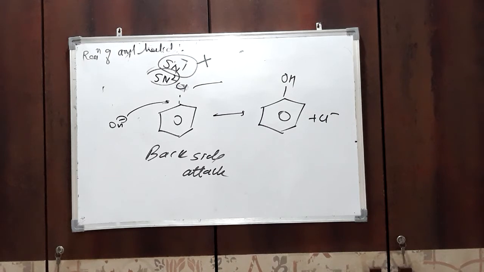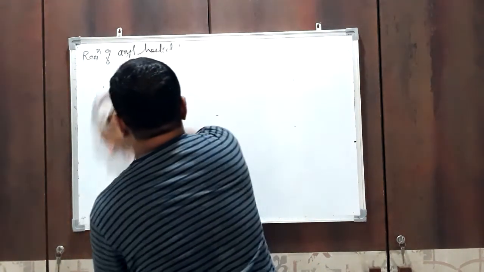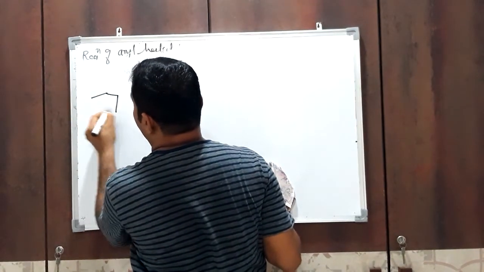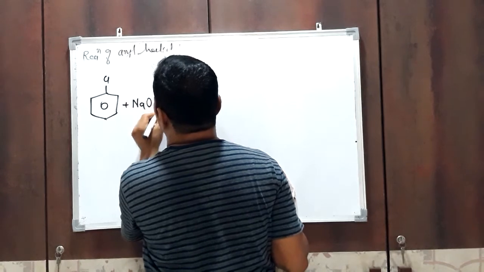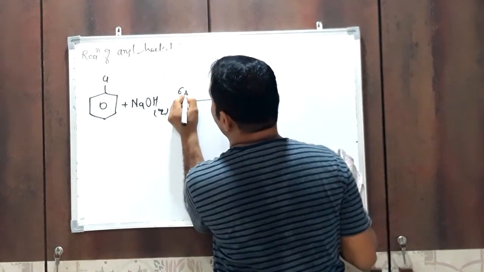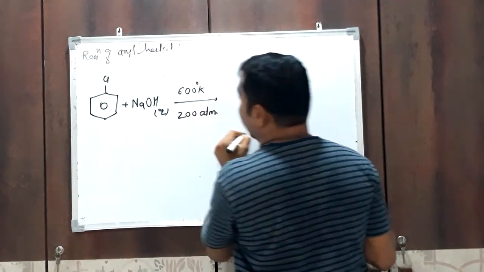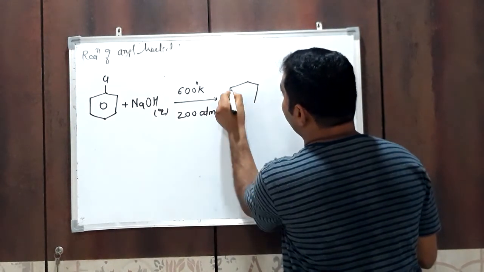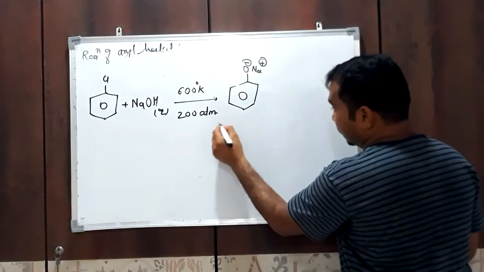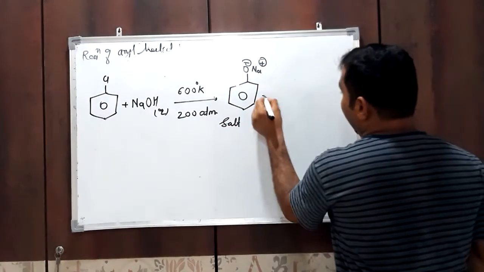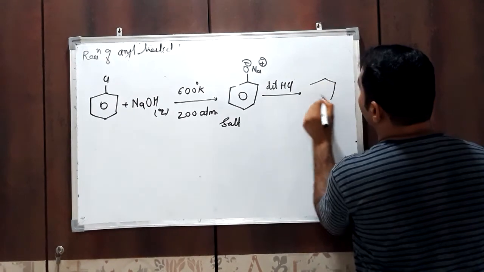What is this reaction? When this chlorobenzene is treated with aqueous solution of NaOH at high temperature 600 Kelvin and 200 atm pressure, first it will give sodium phenoxide, O minus Na plus salt, and then if we treat this sodium phenoxide salt with dilute HCl, it will give phenol.